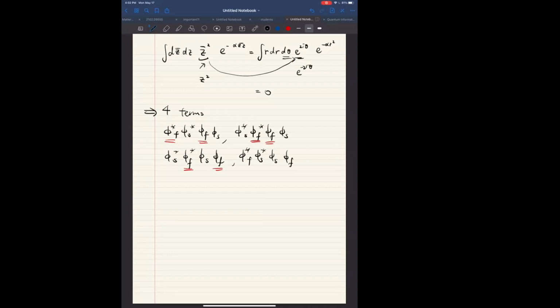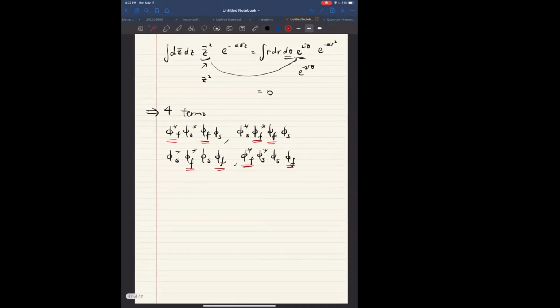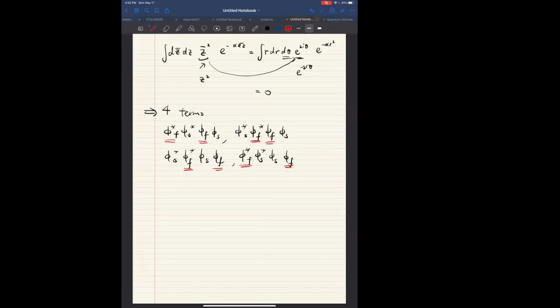So these are all 4 terms you need to integrate. That corresponds to different momentum integrals, right? But every integral is going over the energy shell. So basically these 4 give the same contribution.